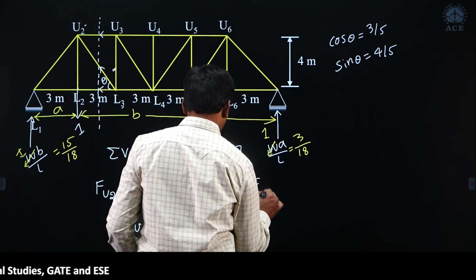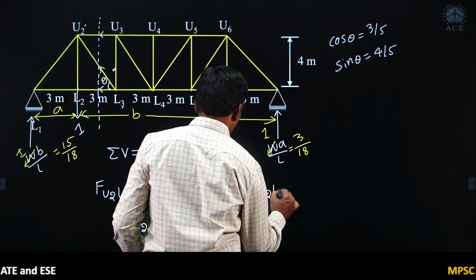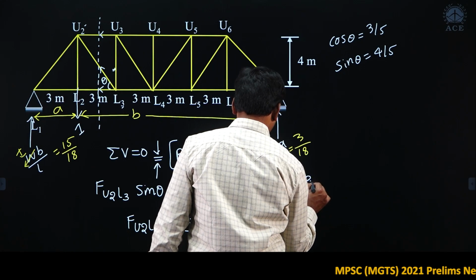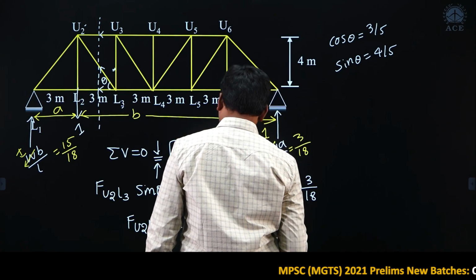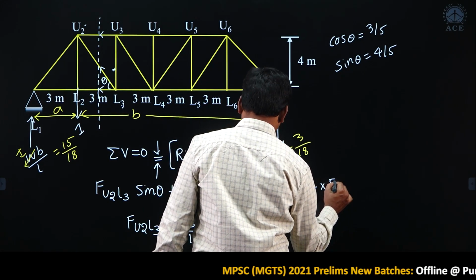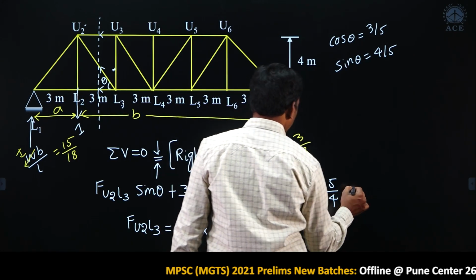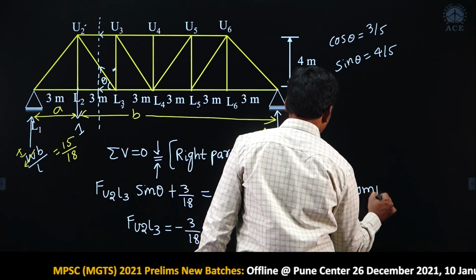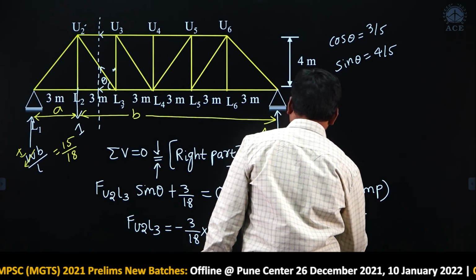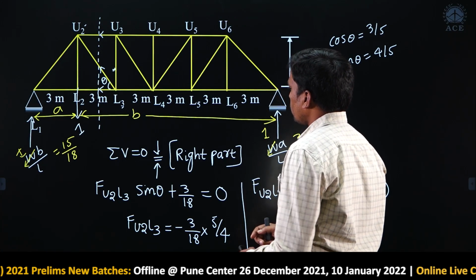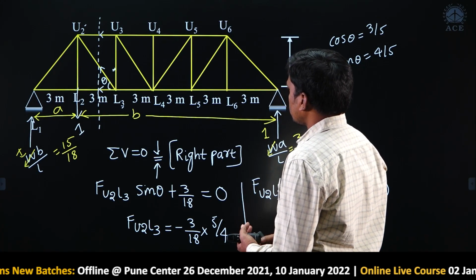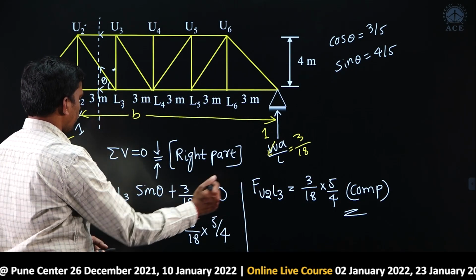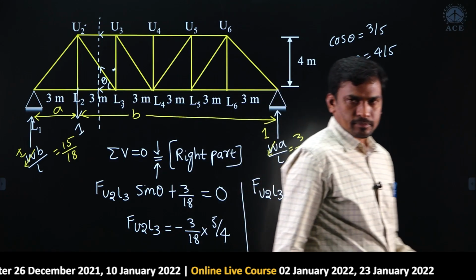Then the force in member U2 L3 equals 3 by 18 into 5 by 4, compression. Just note this down please.